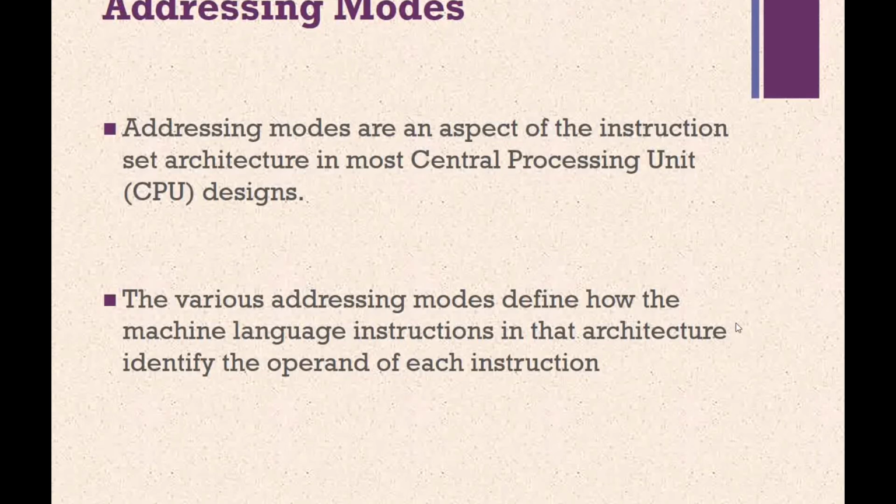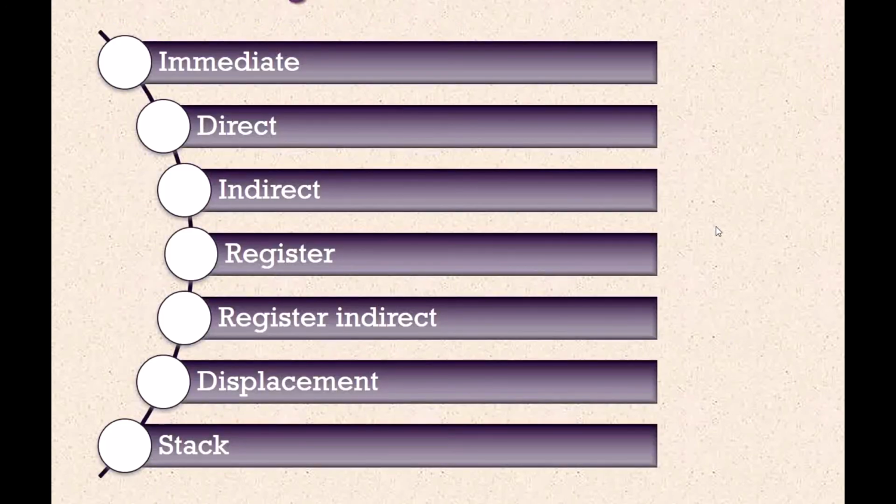So addressing modes are an important thing. There are different types of addressing mode: immediate addressing, direct addressing, indirect, register, register indirect, displacement and stack. We will discuss all of these in the next slides one by one.